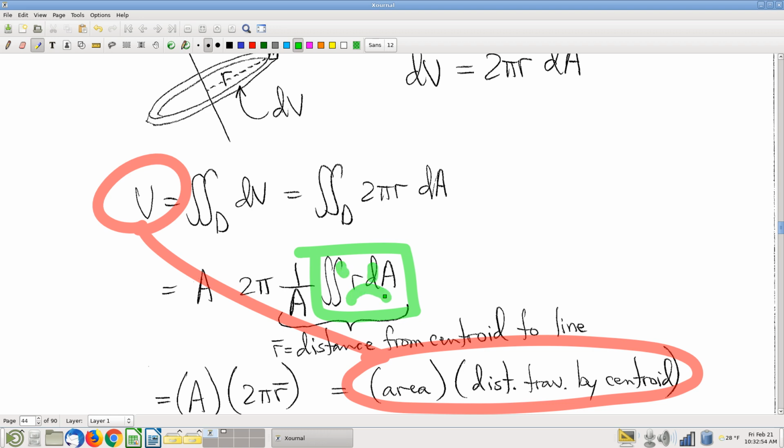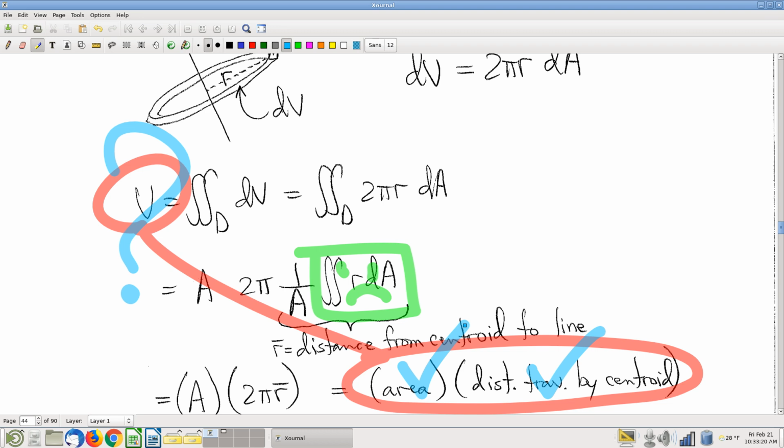What we're observing is that this connects to it, and this connects to it, and therefore they are equal to each other. So if you want to compute volume, cool. If you can just observe how much distance is traveled by the centroid, multiply by the area, then sweet. You just computed something that otherwise would involve a double integral, but we're computing it without a double integral.